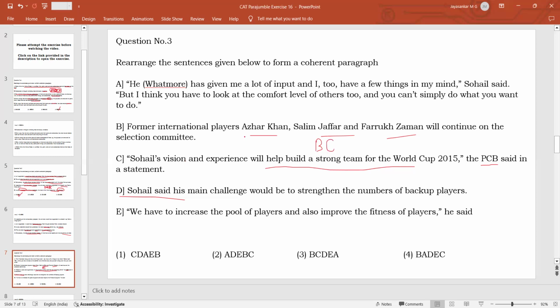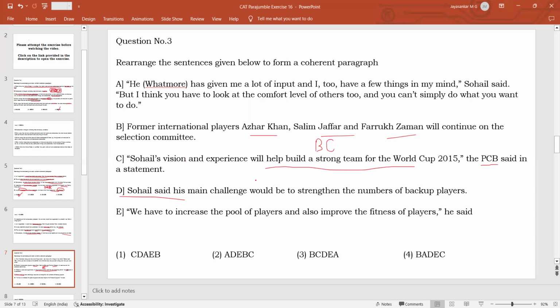The news article first reports the constitution of the selection committee, then the opinion of PCB regarding the appointment of Sohail as the captain. So B and C will form a sentence pair.